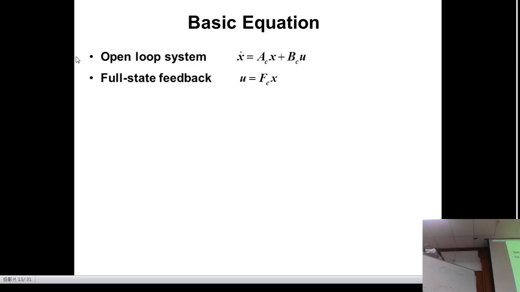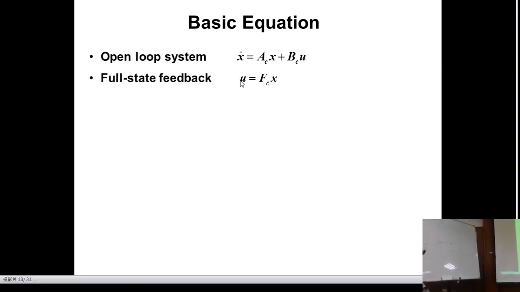The full state feedback: my u equals F_C x, where C means continuous time. Now, this F_C is the gain. I want to show you how to compute this gain.